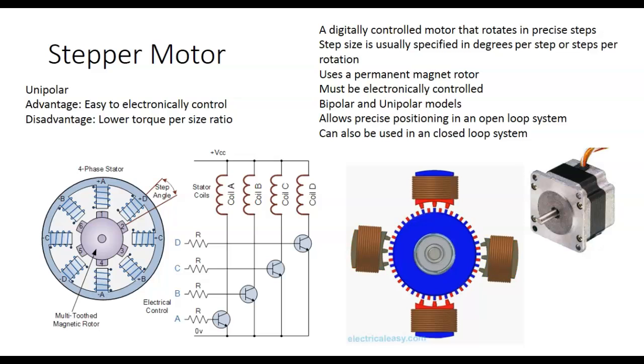If it's got a 100-step motor, which is what this is right here, you take 360 degrees divided by 100 to get the degrees per step.